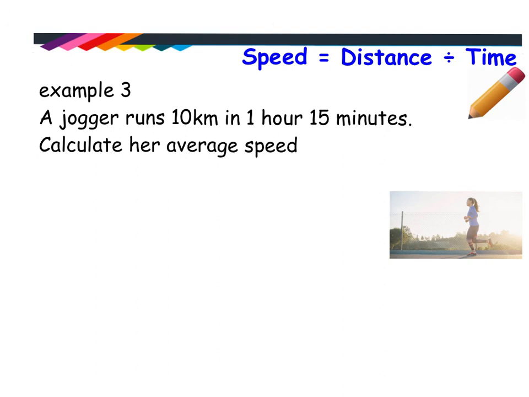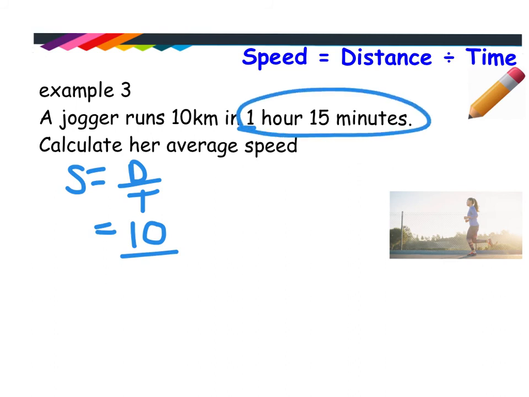And one final example, we've got a jogger who runs for 10 kilometres and it takes 1 hour 15 minutes. Find the speed. So speed equals distance divided by time. Our distance is 10 kilometres. Now your time, 1 hour 15, is not 1.15. Remember that 15 minutes is a quarter of an hour, and a quarter was 0.25.